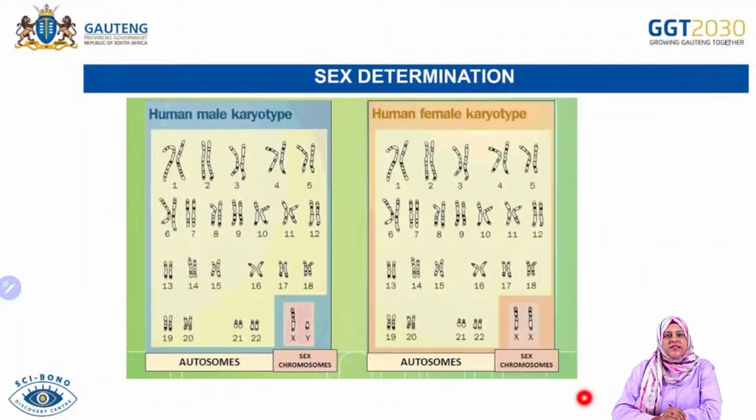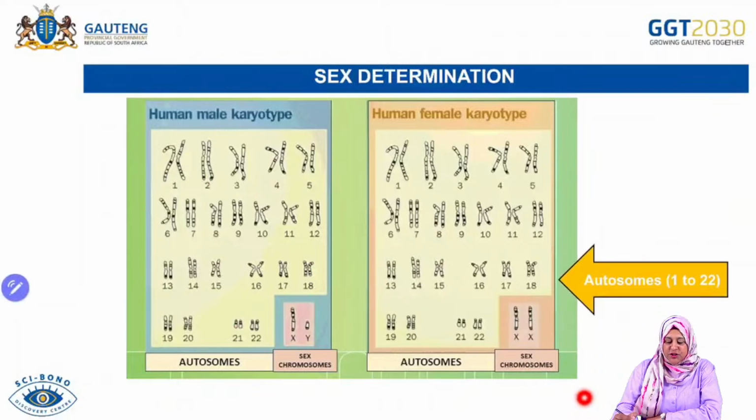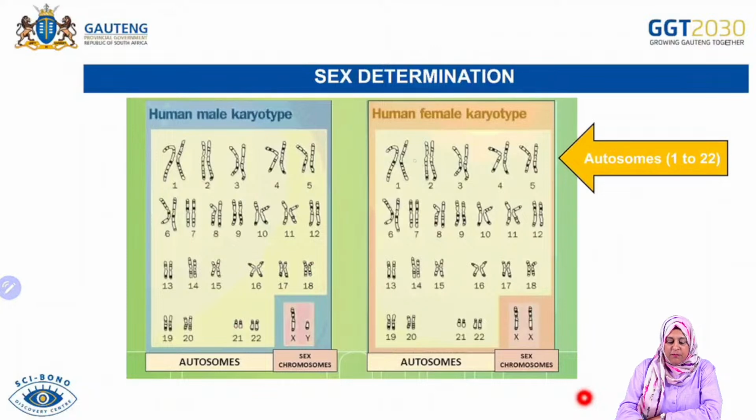Okay, so we move on to sex determination. And this is a karyotype that's showing you number 1 to number 22, the autosomes. Those are called autosomes, right? And generally we study genes or disorders in genetics that are autosomal.